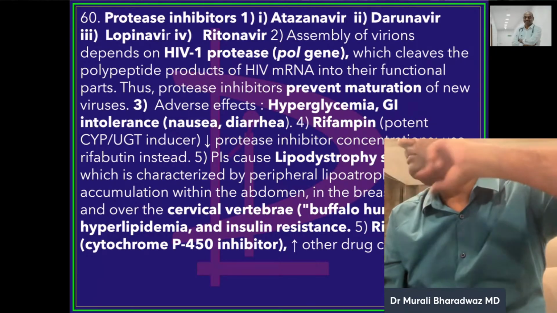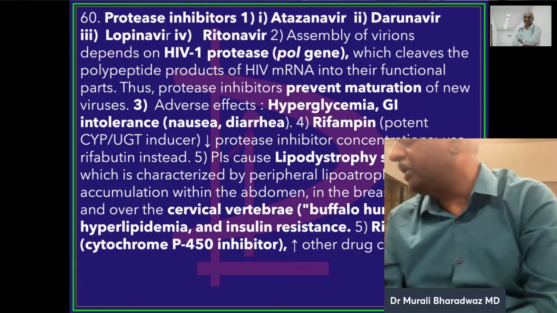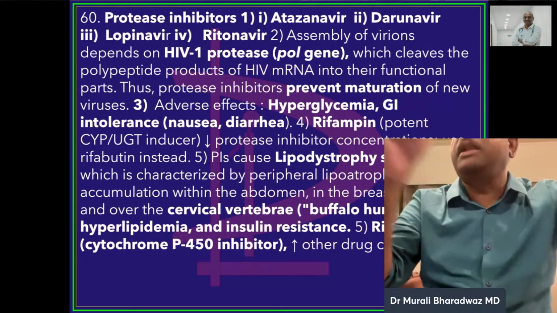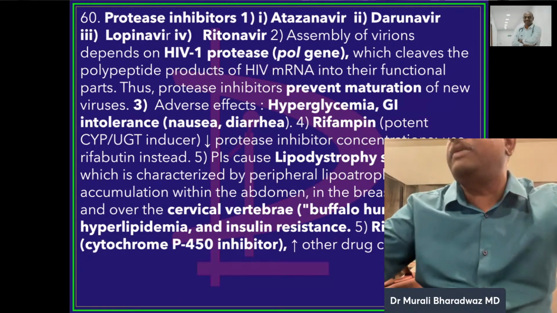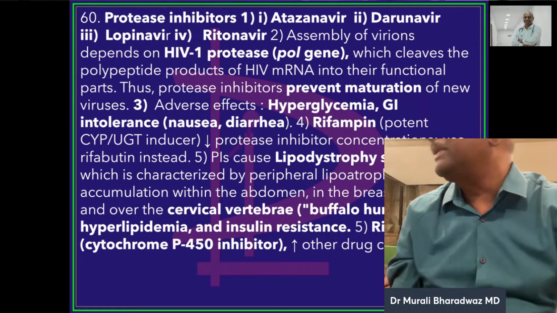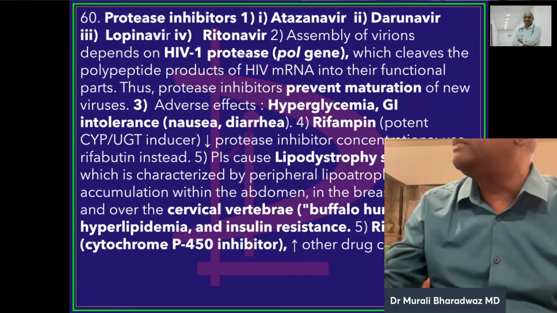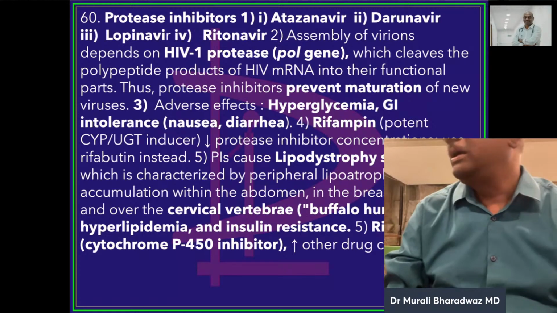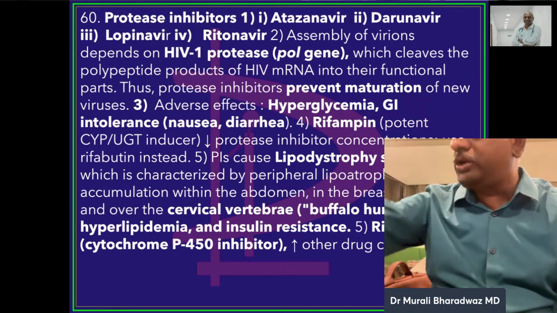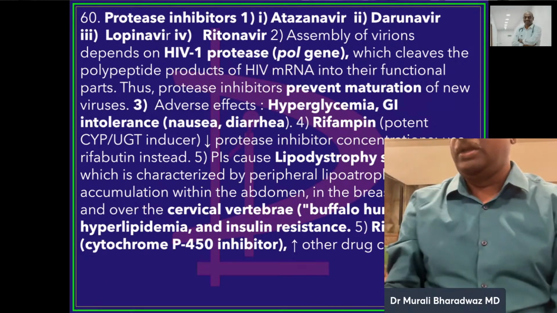There is a pol gene inside the HIV virus for this. It will cleave the polypeptide products of the HIV mRNA into functional parts. Assembly: hard disk, everything you bring and assemble the laptop. These protease inhibitors prevent the maturation by inhibiting this protease.